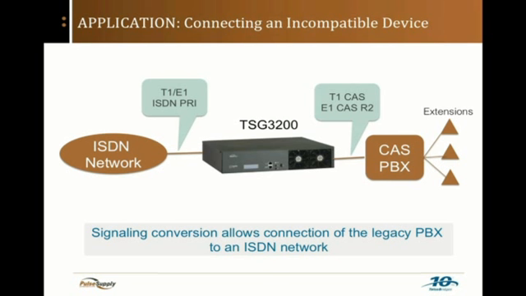So a signaling converter can be used to do this, where it connects on the left-hand side to an ISDN PRI trunk from the carrier and will present a T1 CAS or E1 CAS interface to the legacy PBX. And this allows you to interconnect this legacy device to, say, a more modern network in this case.